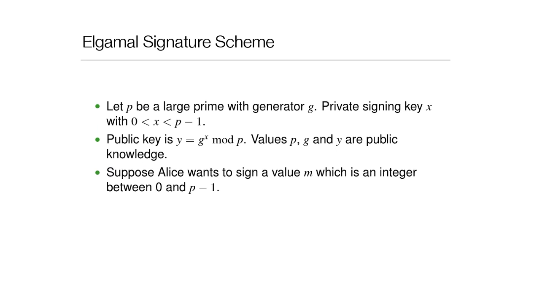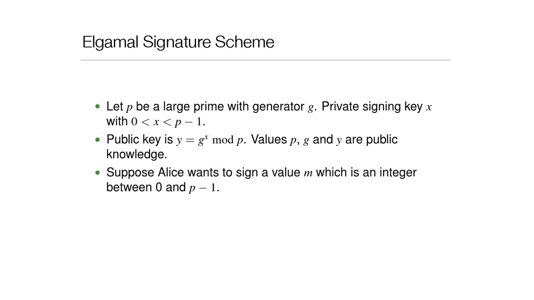And then the public key is Y, which is G to the power X mod P. G is the public parameter, which is the generator of the multiplicative group. So the values P, G and Y are public knowledge, and X is the secret value, which is used as the signing key.